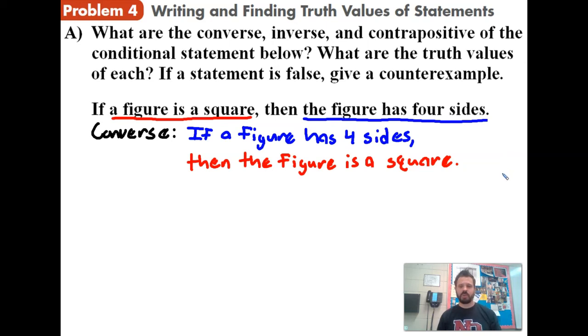Okay, so just flipping hypothesis and conclusion. If a figure has 4 sides, then the figure is a square.